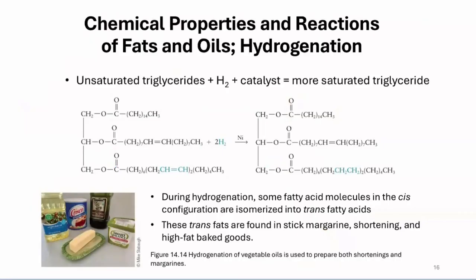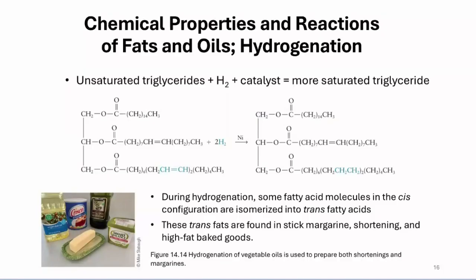Continuing on with the reactions that can happen in triglycerides, now we have the process of hydrogenation. Hydrogenation is a reaction that we have seen previously in chapters, including when we were hydrogenating alkenes, and we also saw that this is a reducing reagent.